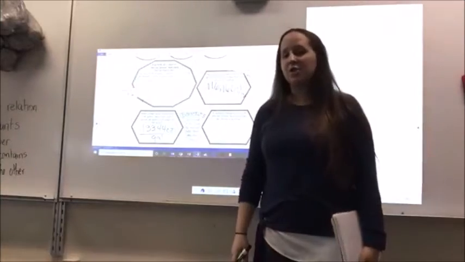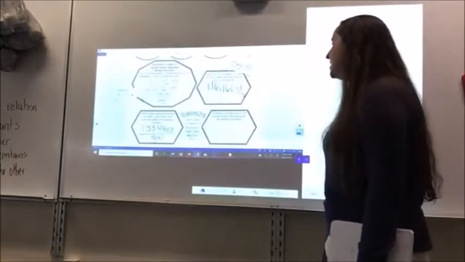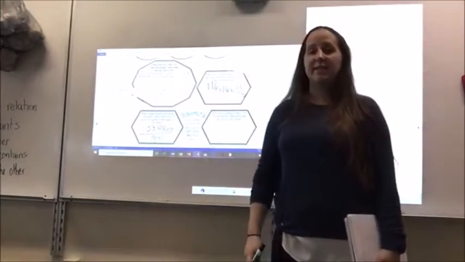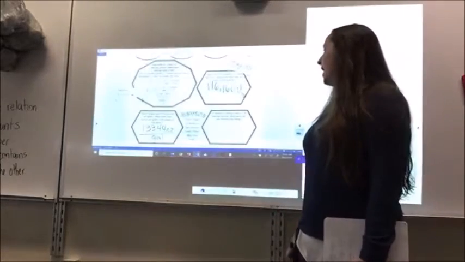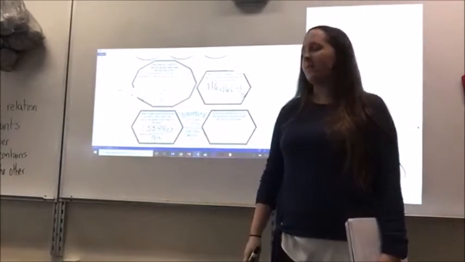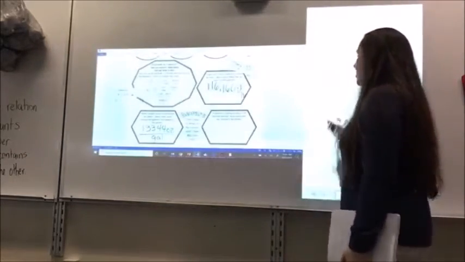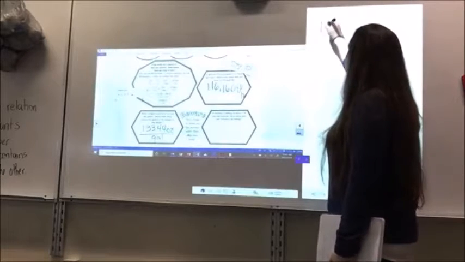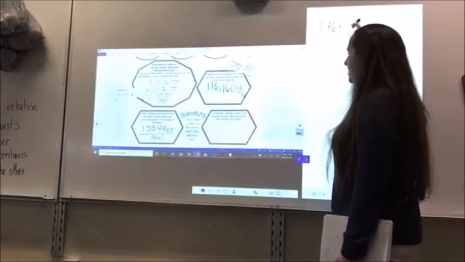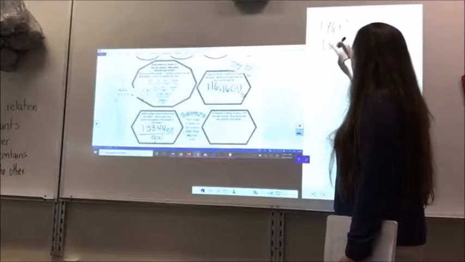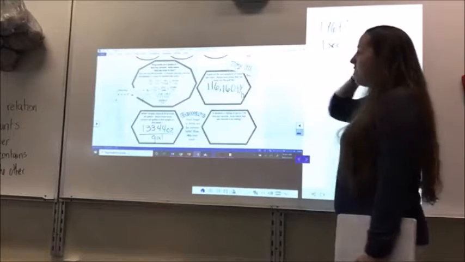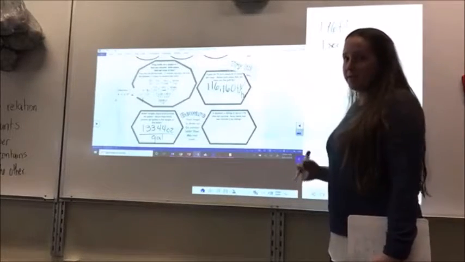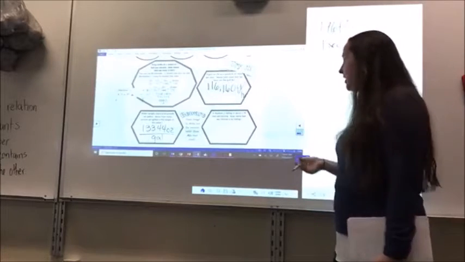My last try problem states a skydiver is falling about 176 feet per second. How many feet per minute is he falling? The unit they gave me was 176 feet per second, and I want to figure out feet per minute. The things that are changing are seconds to minutes.